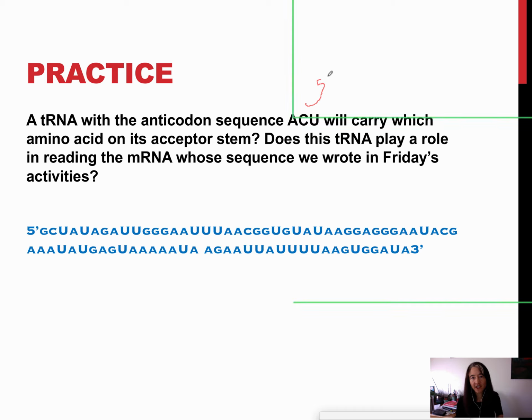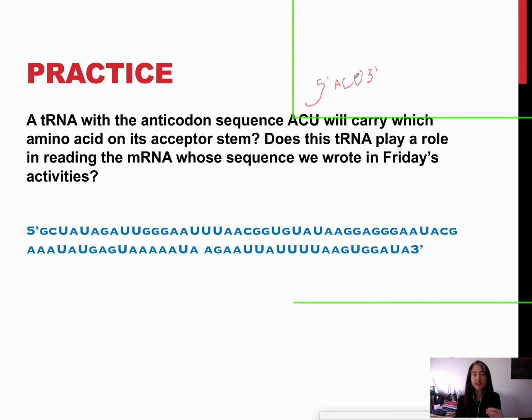So if it's 5' ACU, and we know that an anticodon is always anti-parallel to the codon, and codons are read 5' to 3'.